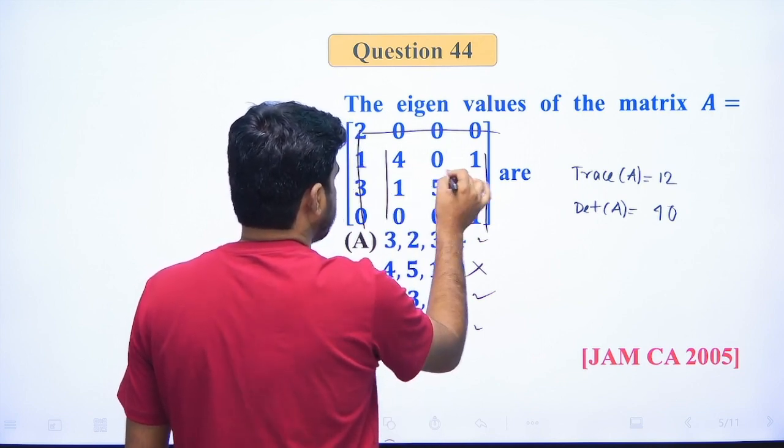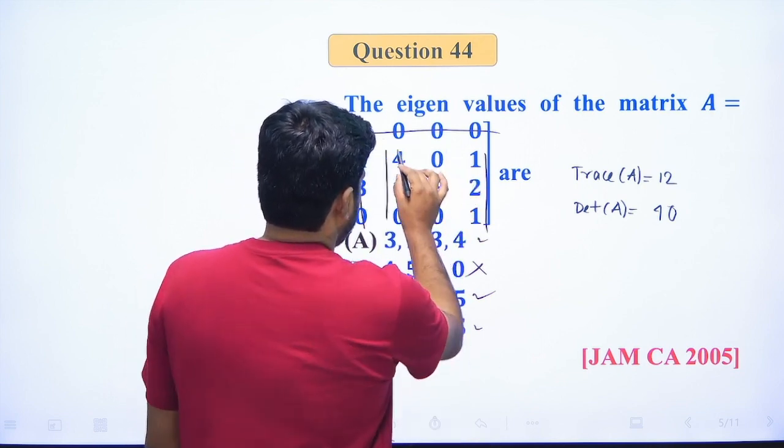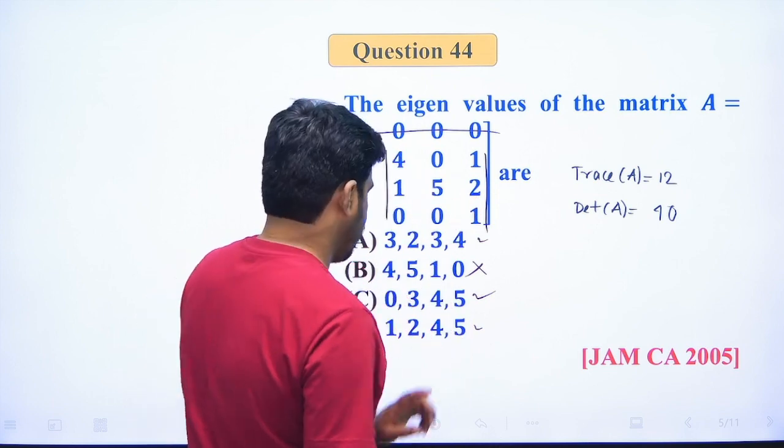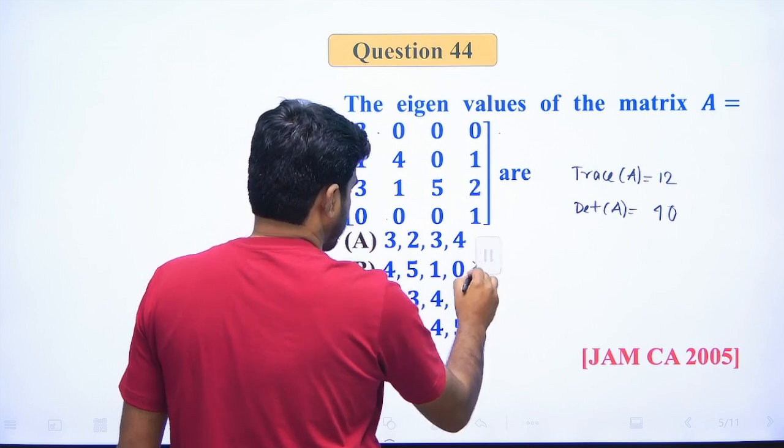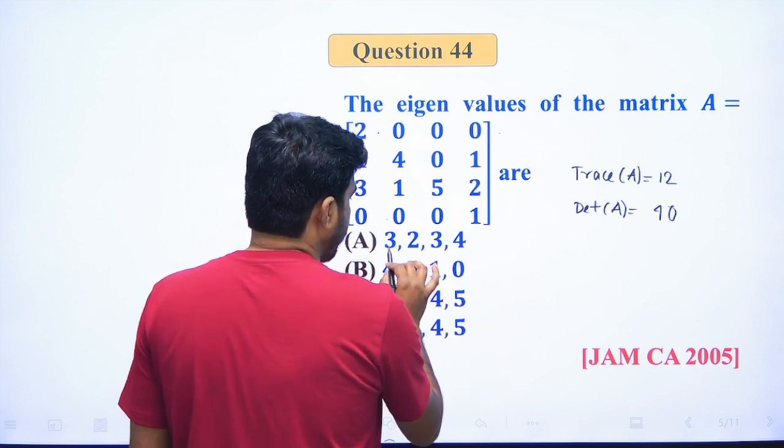This is 0, this is 0. So 20 into 2, that is 40. Okay, so the determinant will be 40.